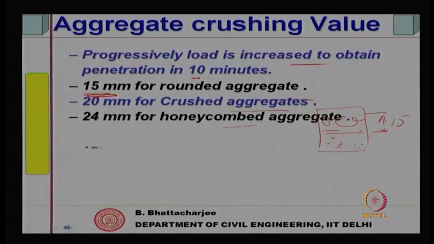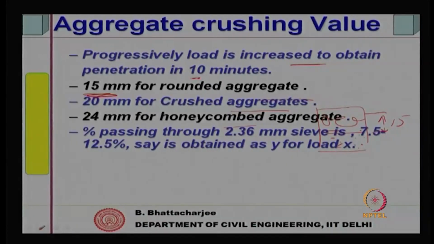So, this is what is given, and then the percentage passing through the 2.36 millimeter sieve is found out, which should be between 7.5 to 12.5%. And let us say we got y for load x. So, the load is unknown here; you try to find out how much load is required to achieve this much penetration, depending upon the type of aggregate.